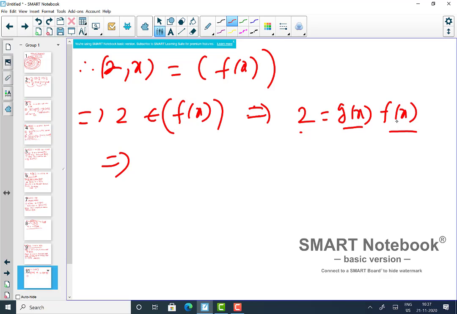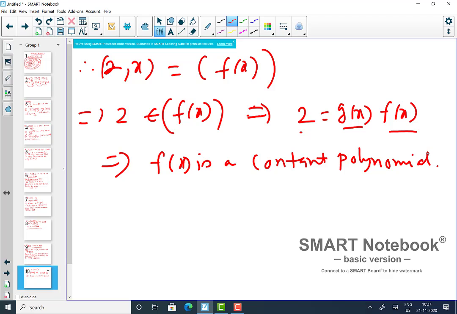So this automatically tells you that g(x) is a constant polynomial. Now if g(x) is a constant polynomial, then x cannot belong to this ideal generated by a constant, right?